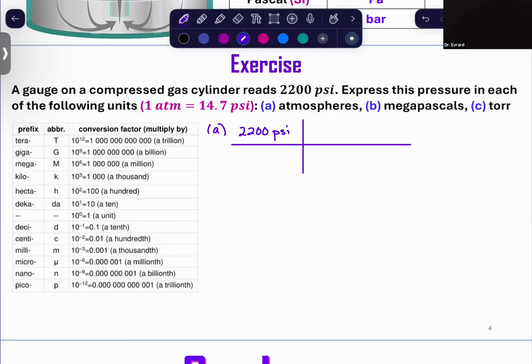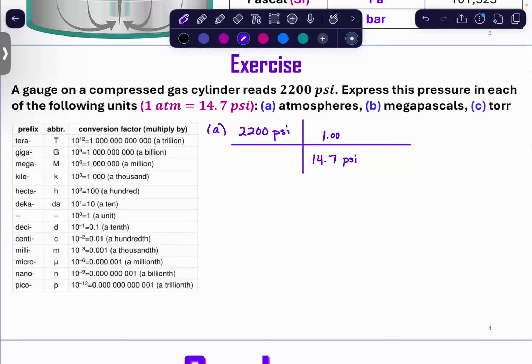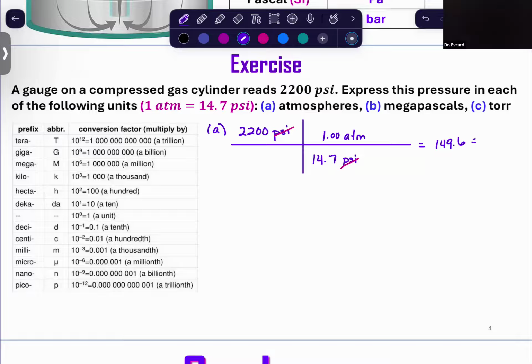That's 14.7 psi for 1 atmosphere. See that psi divides out. And this is going to give us 149.6. Or if we round that off to significant figures, 150 atmospheres.